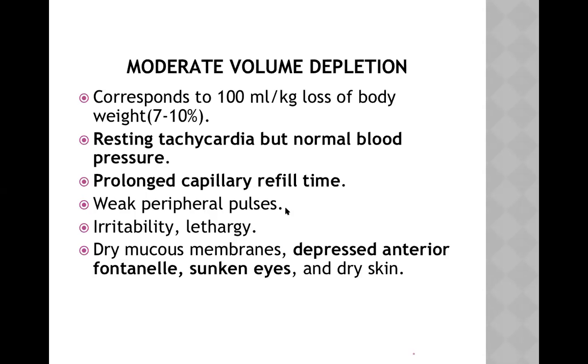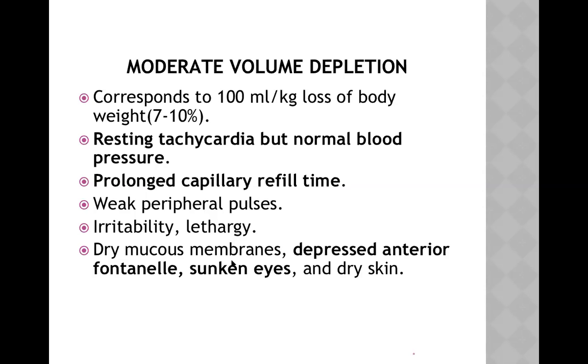So these are called peripheral pulses. Having said that, in dehydration or hypovolemia, you feel for strong pulses like the carotid from the neck and the femoral from the lower limb. So these are mainly palpated in this type of condition.